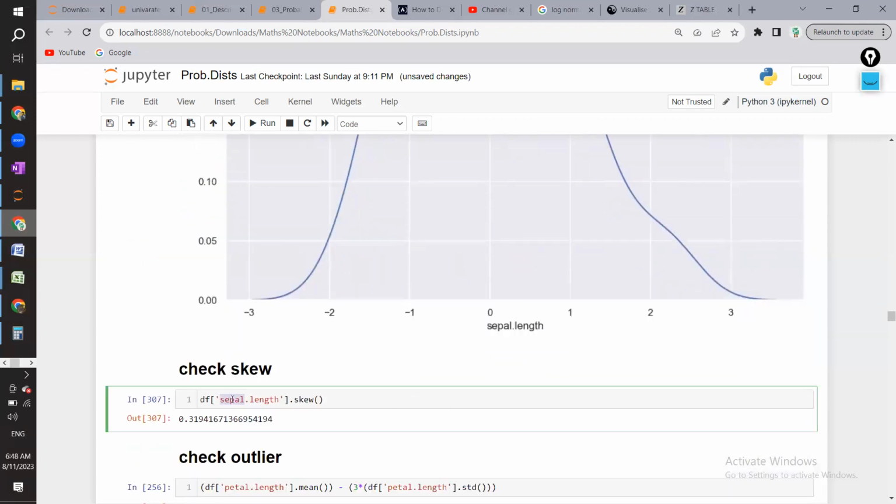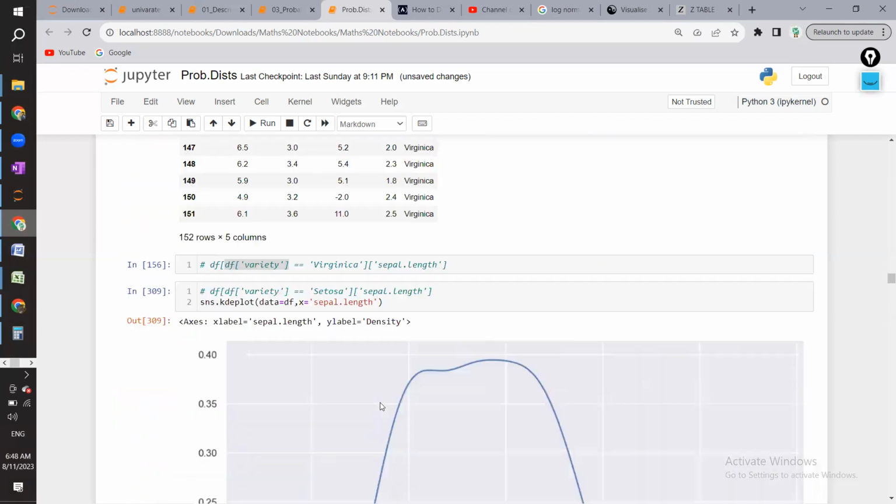There is some degree of skewness. Similarly, petal length also has some degree of skewness, minus 0.04. And petal width has some degree. Sepal width is minus 0.29.